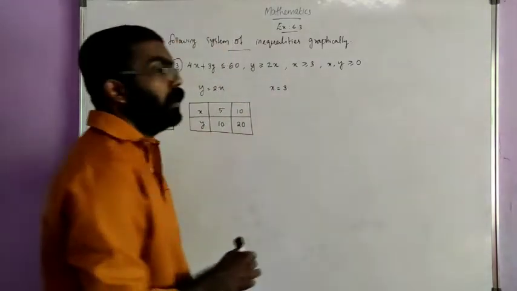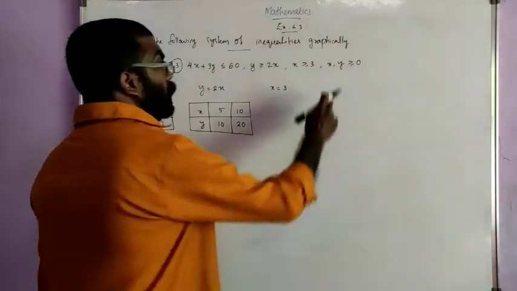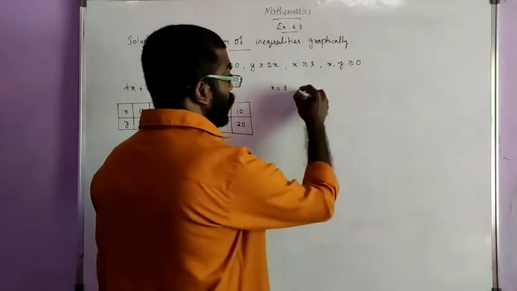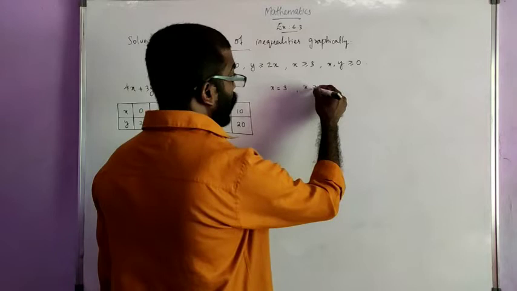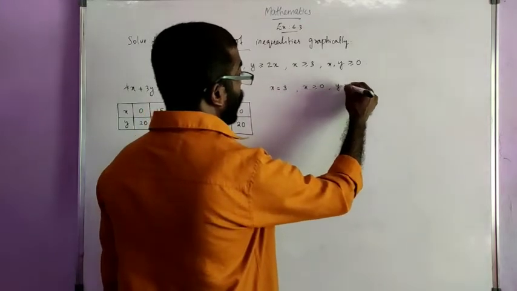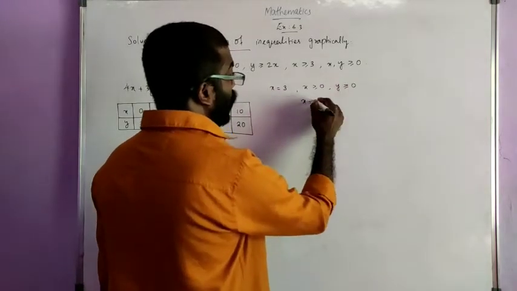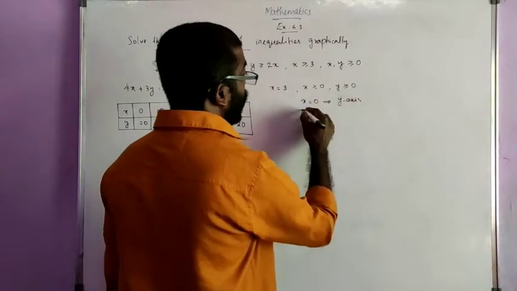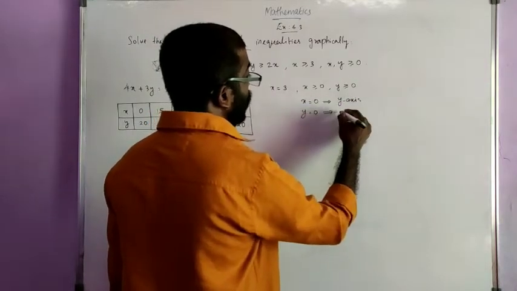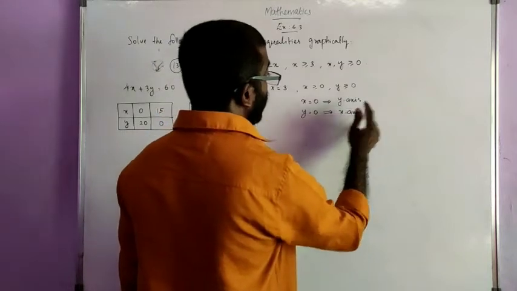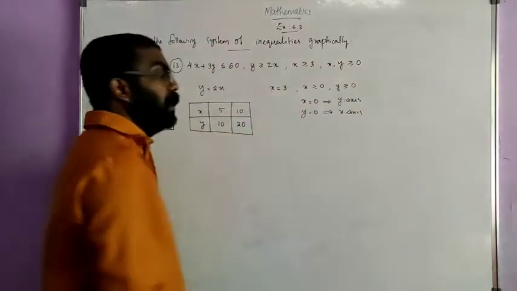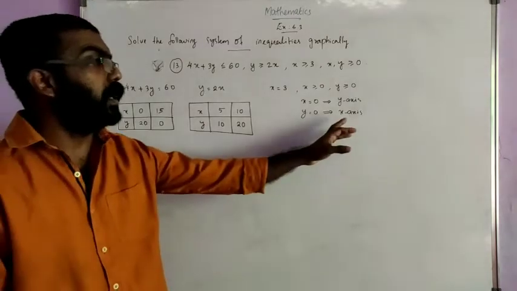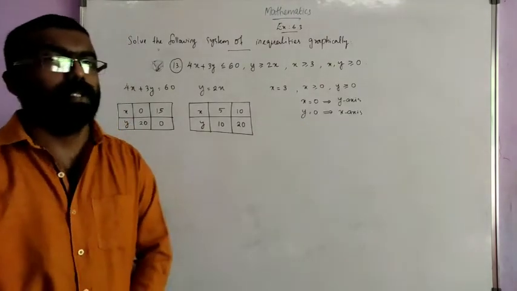It is a line parallel to the y axis. And x, y greater than or equal to 0, that is x greater than or equal to 0 and y greater than or equal to 0. x equal to 0 means the y axis and y equal to 0 means the x axis. Equation of the y axis is x equal to 0 and equation of the x axis is y equal to 0.